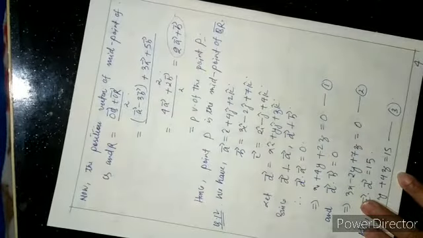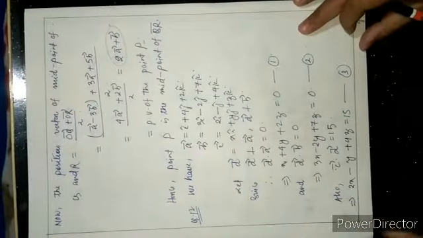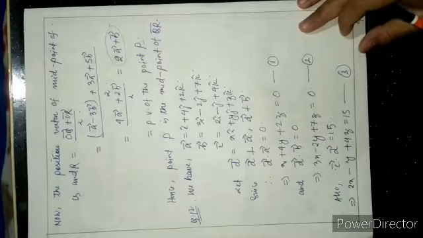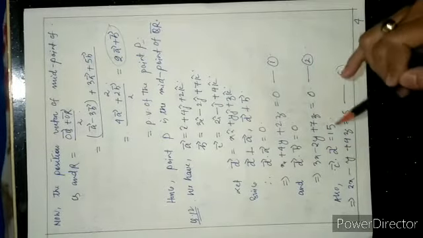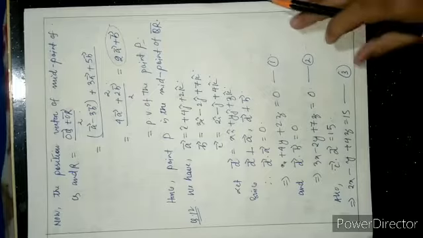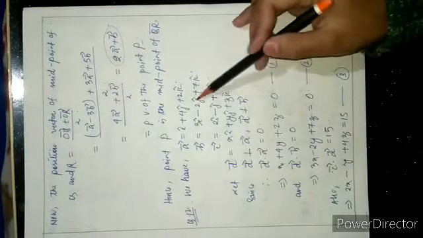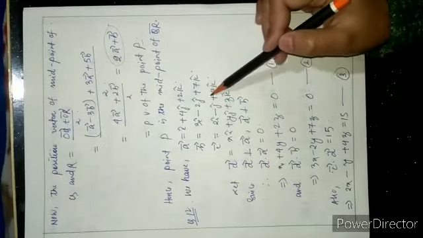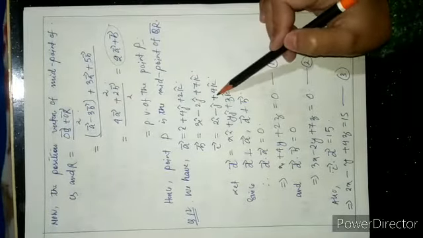Then we are going to find D vector, which is perpendicular to both A vector and B vector, and the dot product of C and D equals 15. First write all the components of A vector, B vector, and C vector.